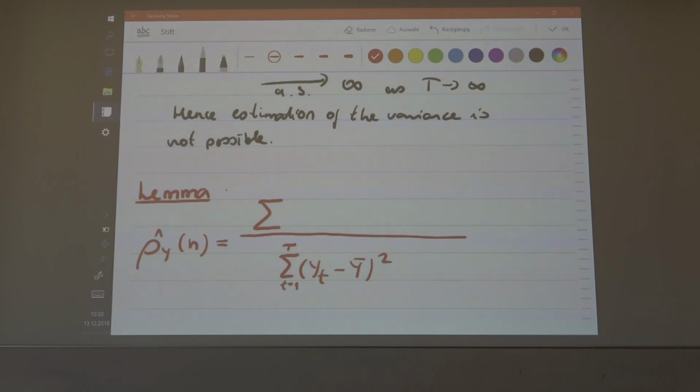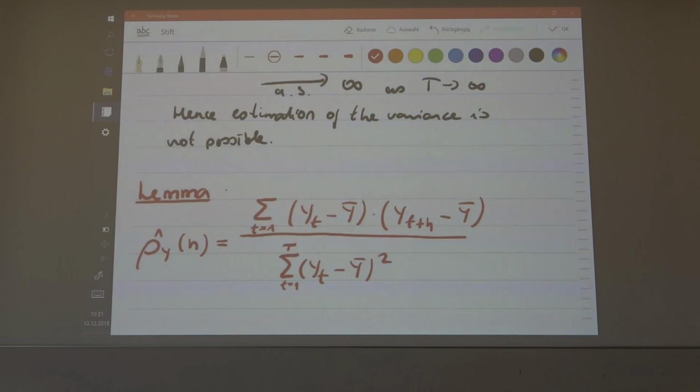And in the numerator you have t times the empirical autocovariance. So you have the sum starting at t equal to 1 of yt minus y bar times yt plus h minus y bar.